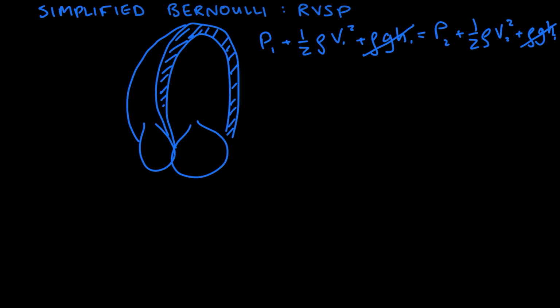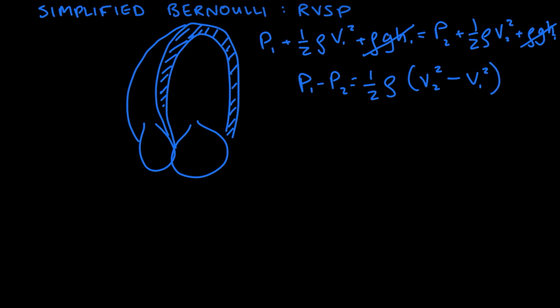And so we can rearrange this, and I'm going to say pressure 1 minus pressure 2 is equal to 1/2 times the density of blood times the velocity at the second point squared minus the velocity at the first point squared.